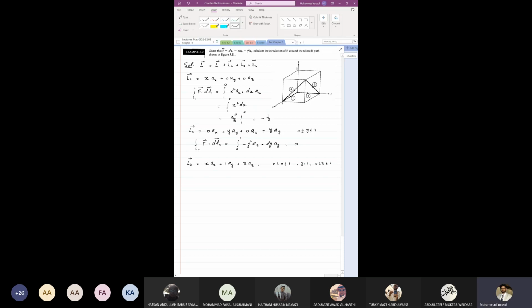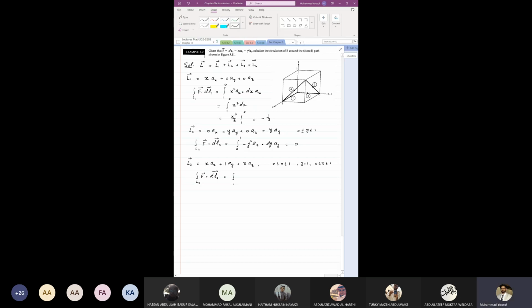Okay, so the line integral on the curve L3, integral over L3 of the vector field dot dl3 is equal to, so x is coming from 0 to 1.